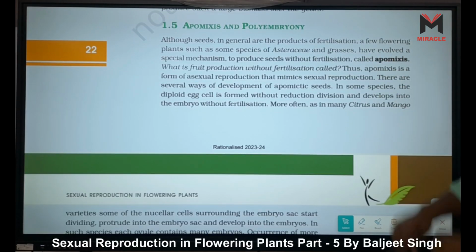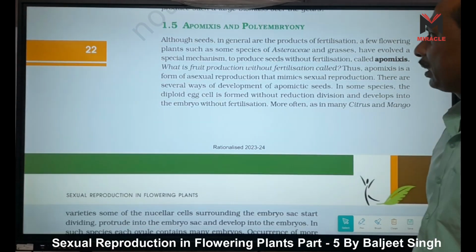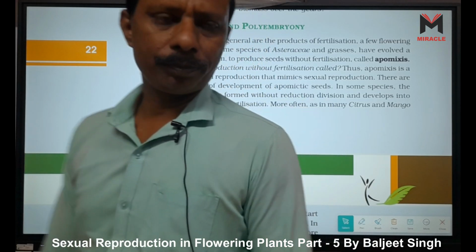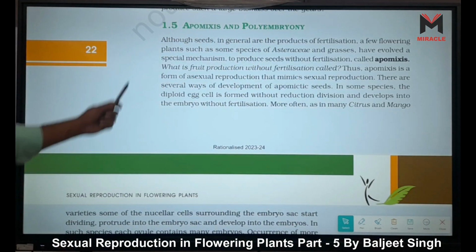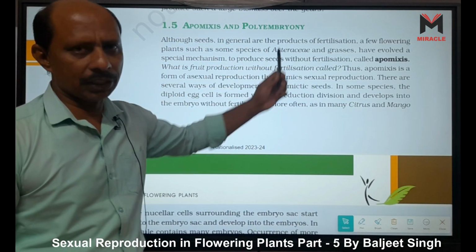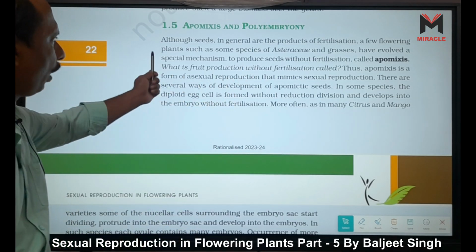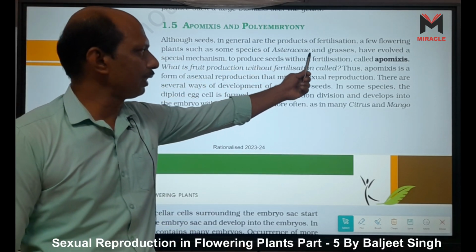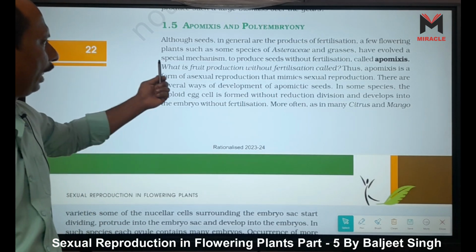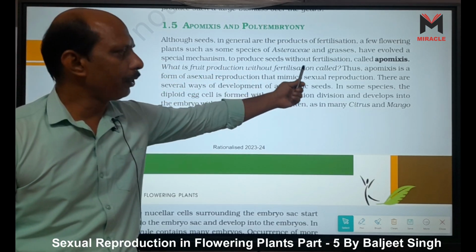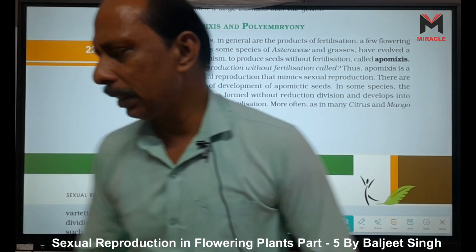Now this is the last point, in which apomixis and polyembryony is given. Although seeds in general are a product of fertilization, a few flowering plants such as some species of Asteraceae and grasses have evolved a special mechanism to produce seed without fertilization. That is an important point.